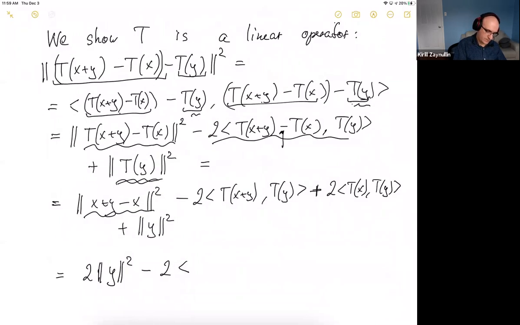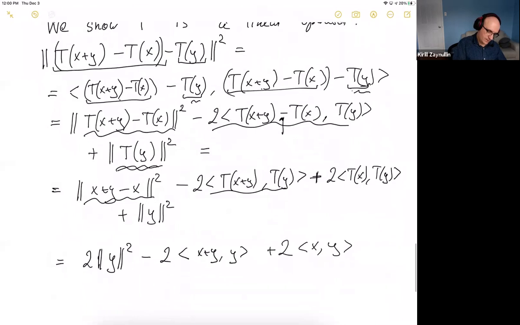Now, here I get the following. This inner product is just x plus y comma y plus 2 of x comma y. I can remove T everywhere, right? And then finally, that's it. That's the end of the story. And now what I can do is also expand this, because what's this?